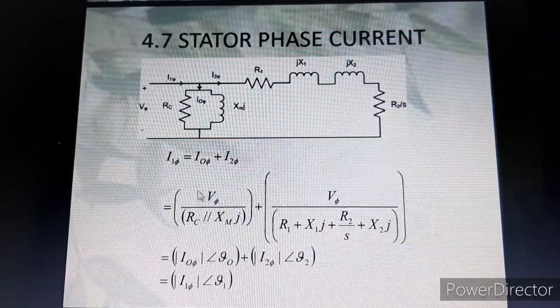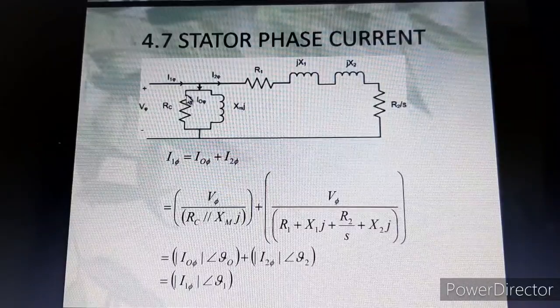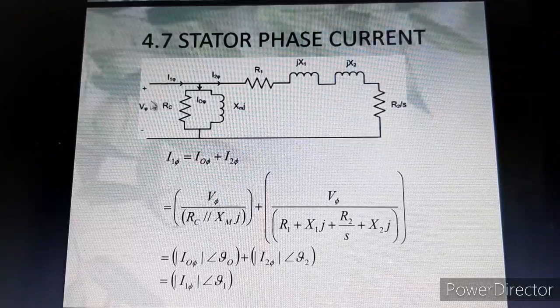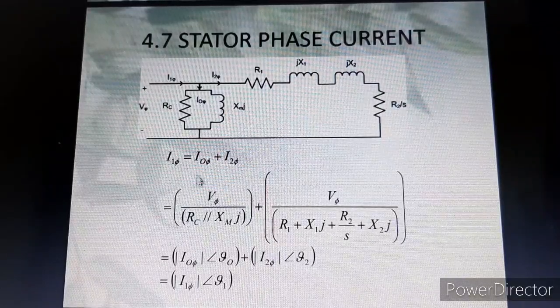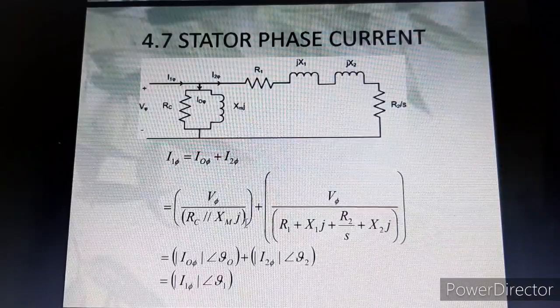Then for I0 phase, use Ohm's law. We know that the voltage across RC and XM is equal, and it is also equal to V phase. So I0 phase equals V phase over RC in parallel with XMJ.